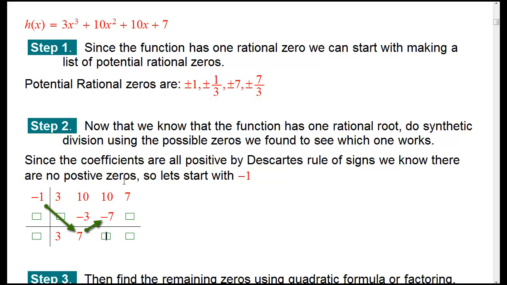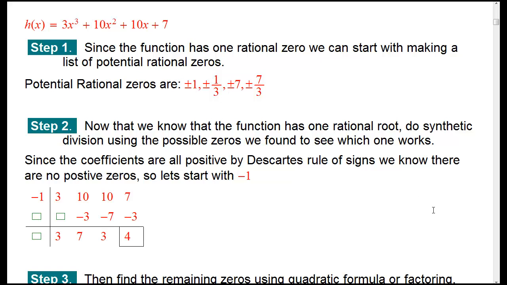Add 10 and -7, and that will give you 3. -1 times 3, which will give you -3. Good. And then 7 minus 3, which will give you a 4. And so 4 is going to be our remainder, and 3x squared plus 7x plus 3 is our quadratic. Since your remainder is not 0, you know -1 is not going to be one of your roots. All right, so -1 is crossed out.